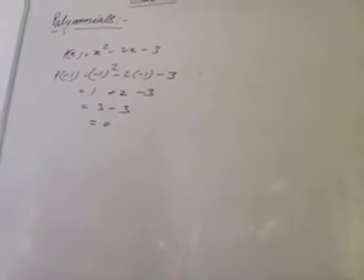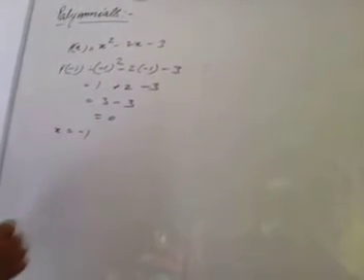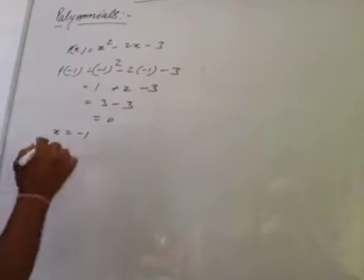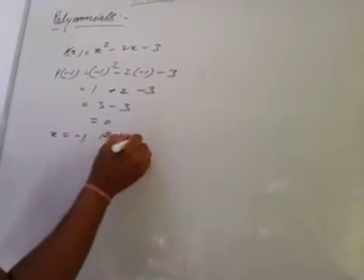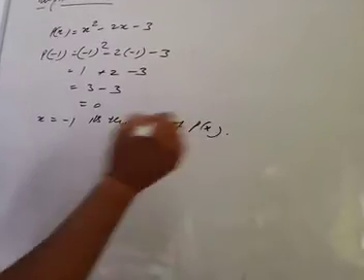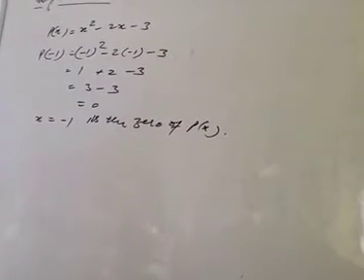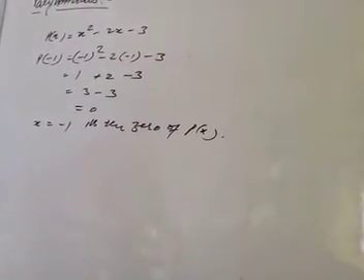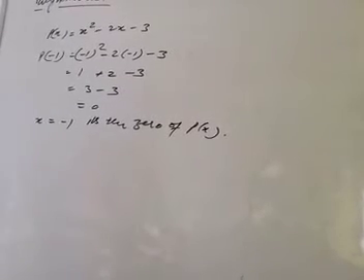Now the value of the polynomial is 0 at x = -1. So x = -1 is the 0 of the polynomial. Okay, now the polynomial is quadratic here, so there will be 2 zeros for this polynomial.